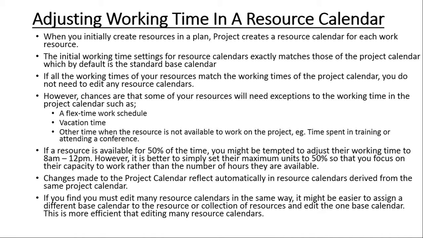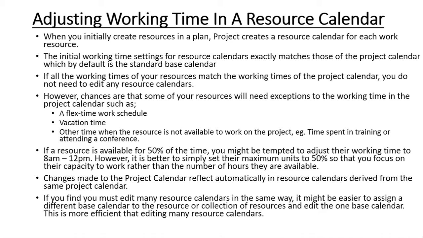There are certain times when a resource is only available, say, 50% of the time. You might be tempted to then adjust the working times from 8 a.m. to 12 p.m. That sounds a reasonable step. However, it is better to simply set their maximum units to 50%.